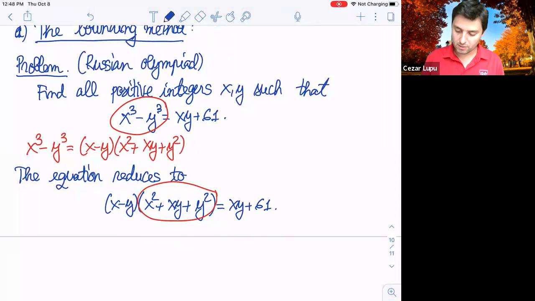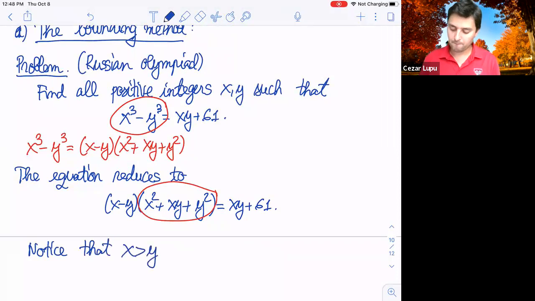So first, let's notice that x is greater than y, because otherwise we'll have a problem, right?